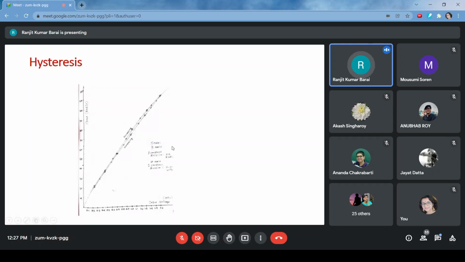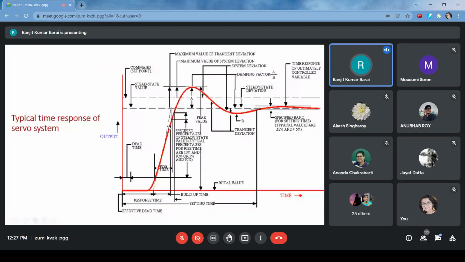Now, time response. Another one is dynamic response. You know this second order system, how does it respond for under damped system? So we want to characterize the time response.